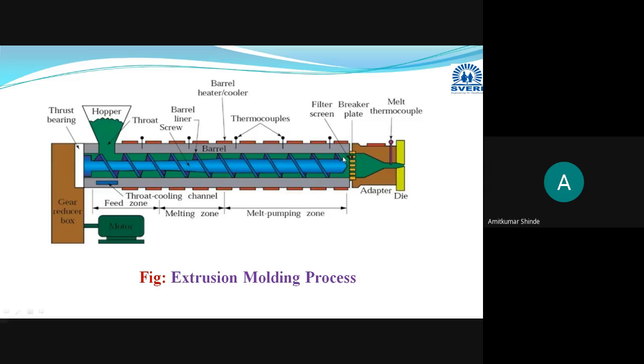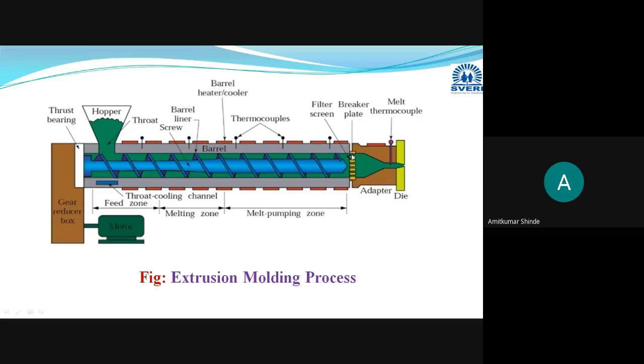Suppose some contamination is there, or some external particles have accumulated in that plastic paste, it will get eliminated by this filter screen. That filter screen will eliminate any kind of contamination, and due to that, the paste will become uniform and have a consistent flow, by elimination of contaminations or any dust particles.